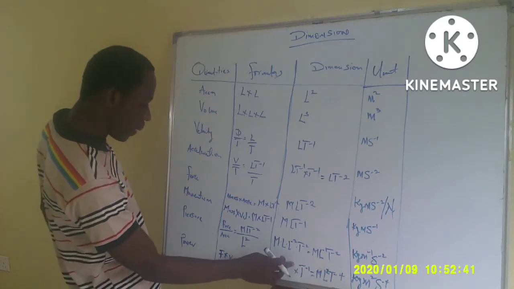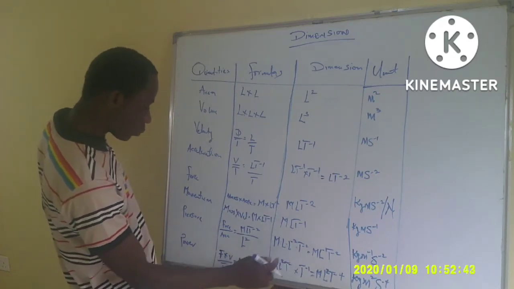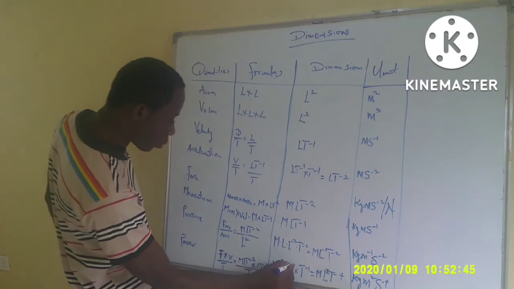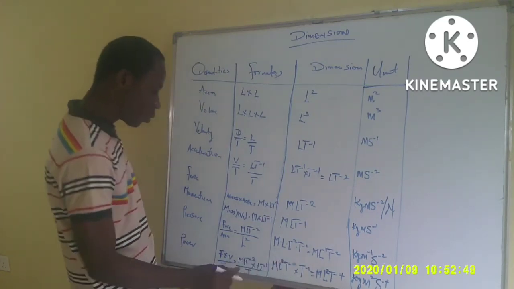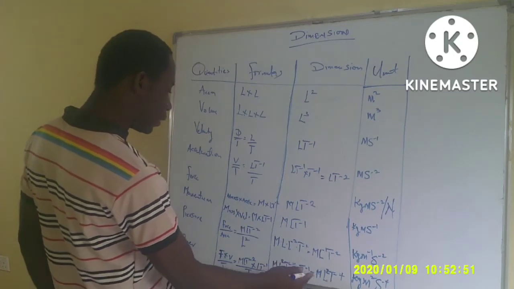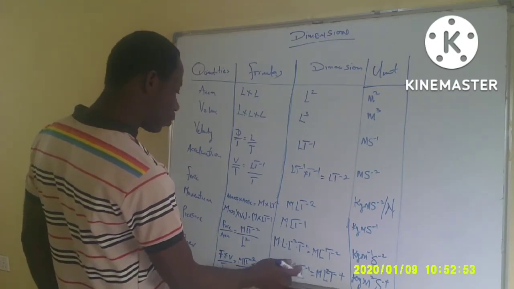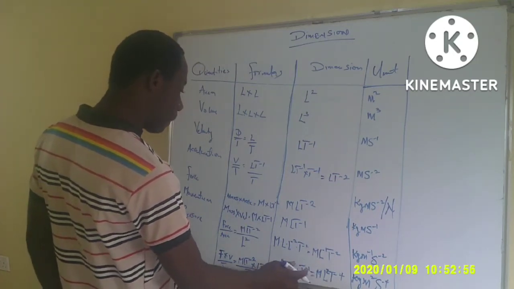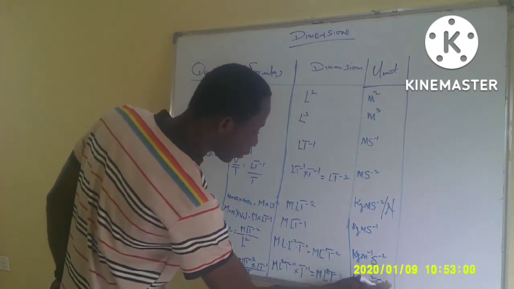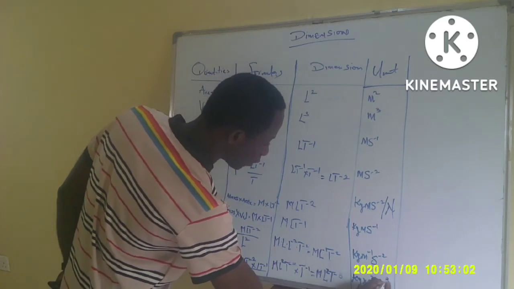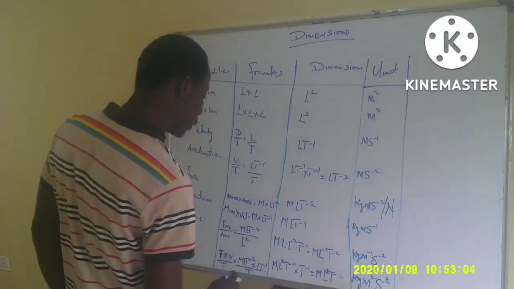I made a mistake putting it. So it is minus 2 now. Having this T^-2 times T^-1 gives us T^-3. So it's not minus 4, it's minus 3. Let's correct this. So this is minus 3, and the others are correct.